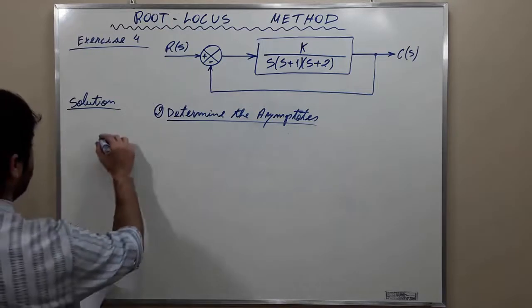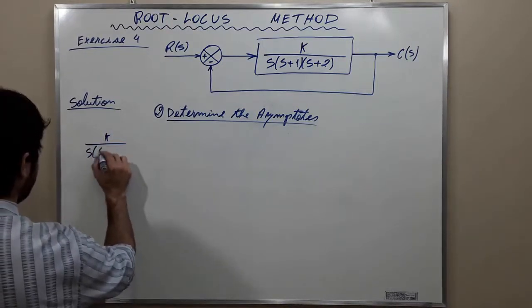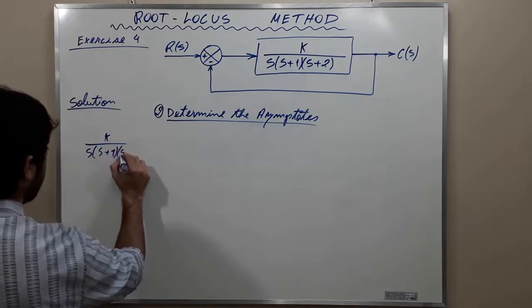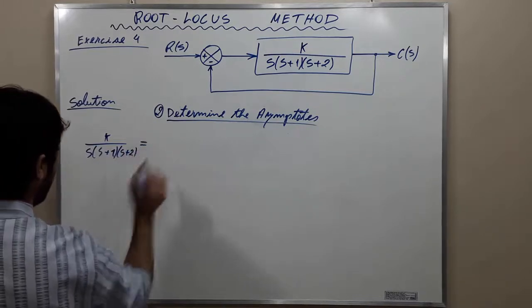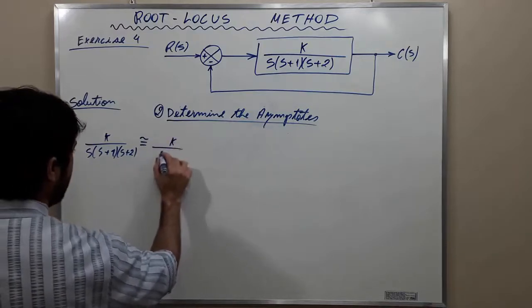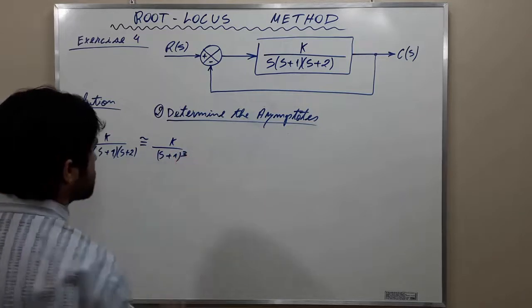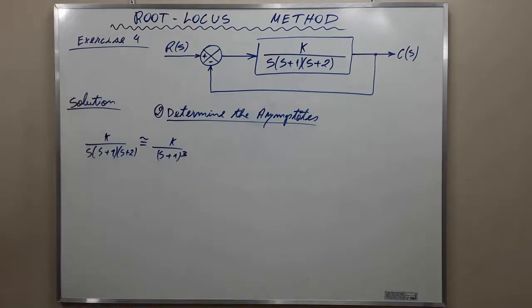If we do this, then we can conduct the following approximation, which is going to be approximately equal to k over (s plus 1) cubed. By doing this, we are going to assess the angle condition of this.